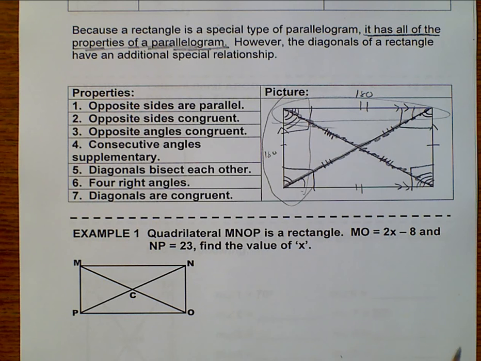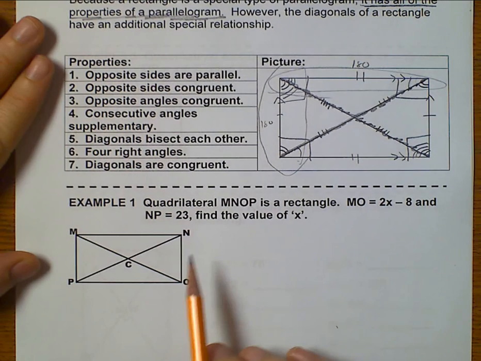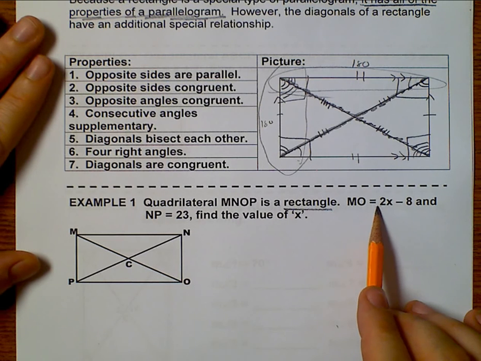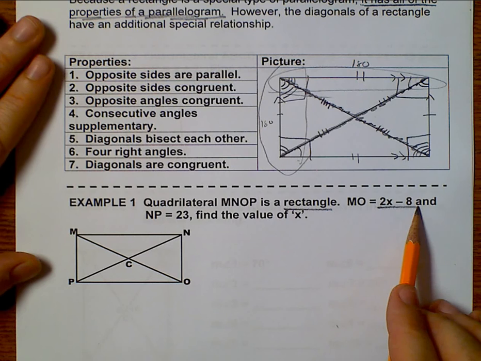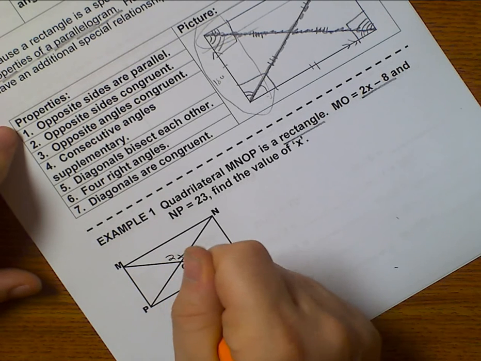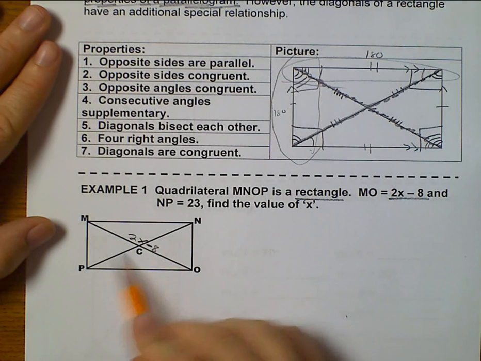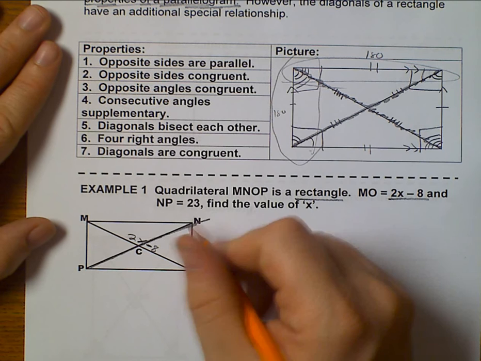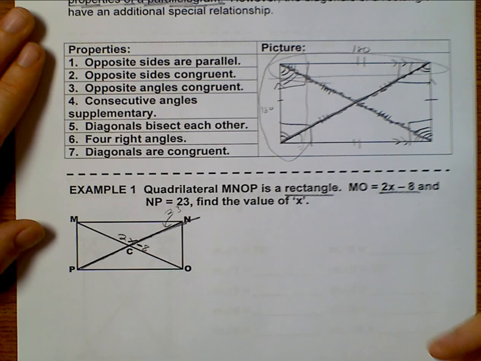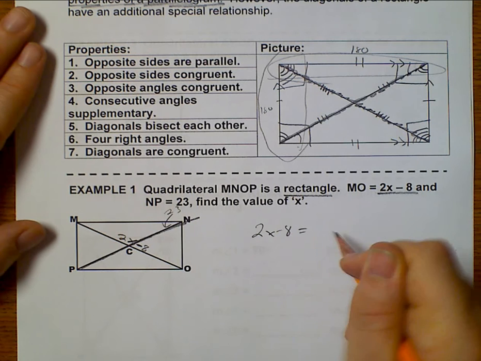So let's go ahead and put some of those properties into practice. We've got a quadrilateral, and we're told that it is a rectangle. So if MO is 2x minus 8, and NP is 23, well, our diagonals are congruent, means that 2x minus 8 must equal 23.